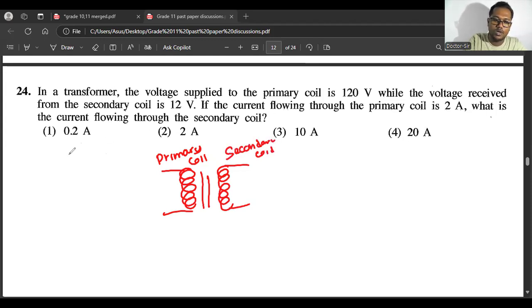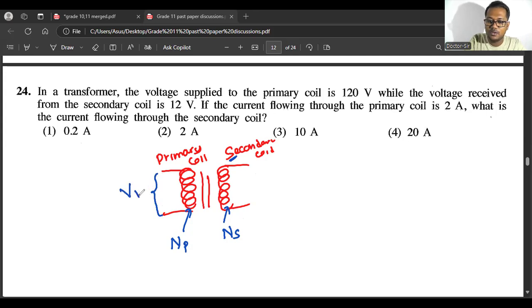In the primary coil, there is a number of coils or rotations, and here also a number of coils. If I take the number of coils here as NP, I will take NS here because this is the secondary, N for number of coils. What is the potential difference here?